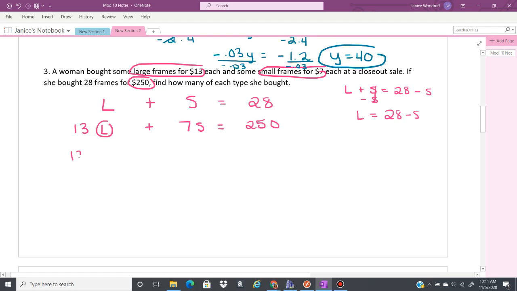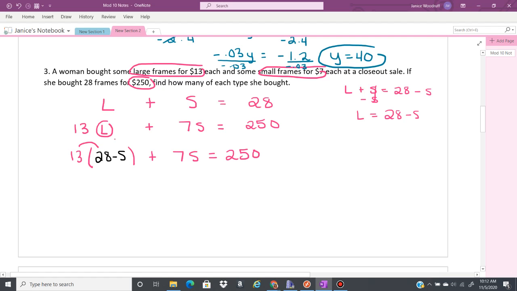So I'm going to have 13 times my 28 minus S. Change that color there. That's your L. Plus 7S equals 250. Then we will work this out.